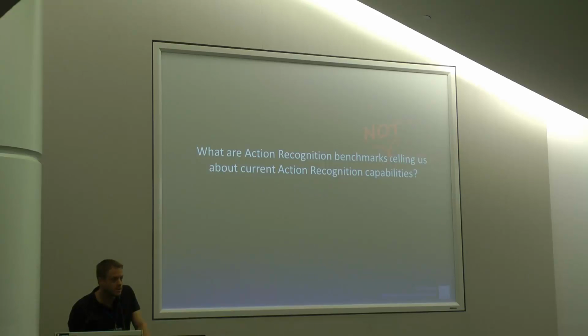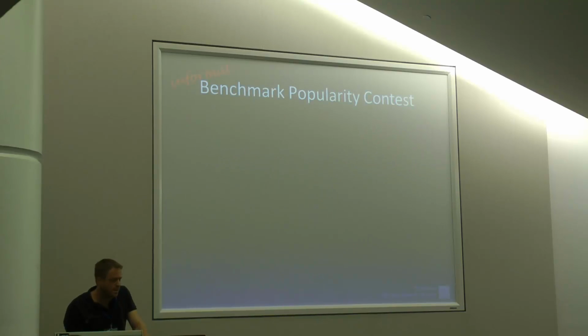So, action recognition is an empirical study, and to show that your system works best and to have your paper accepted into a conference, you need to show that your performance is better than anyone else's on a standard benchmark. And I started out this investigation by looking at what sort of benchmarks people have been using in the field in recent years.